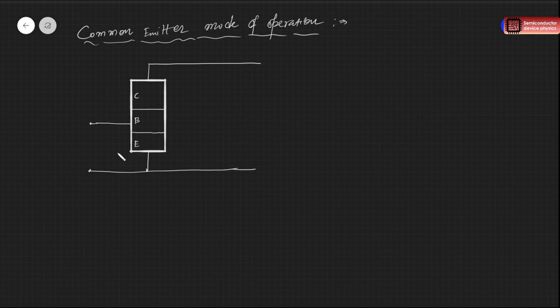Now for the active mode of operation, again we need to first define the transistor type. Let's say it is an NPN transistor, right? The emitter is heavily doped. This terminal is positive, so the base-emitter junction is forward biased, and the collector-base junction will be reverse biased.